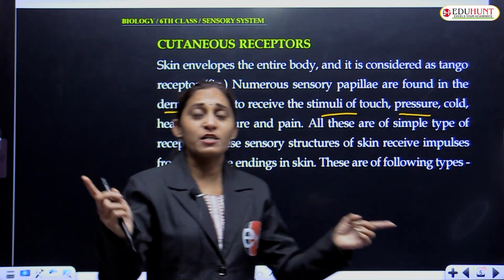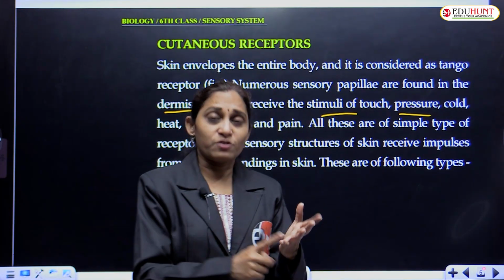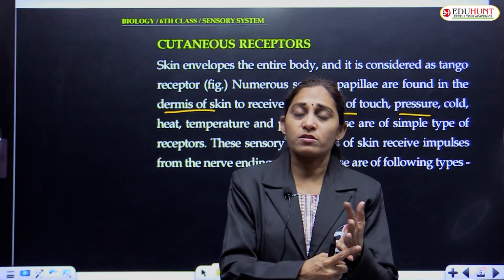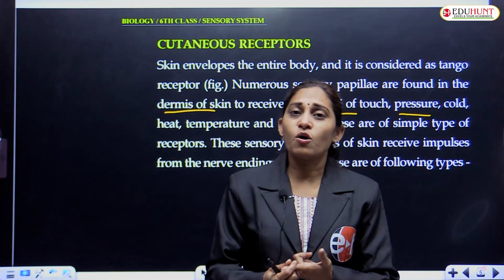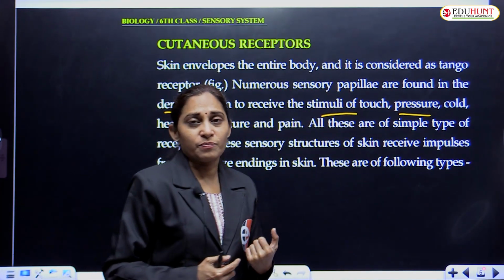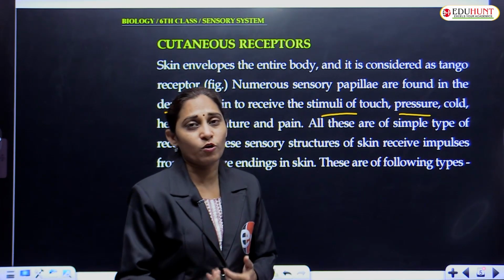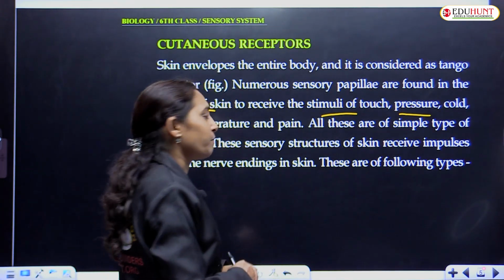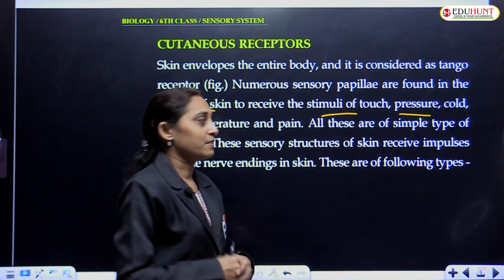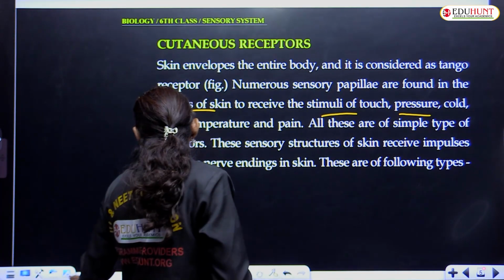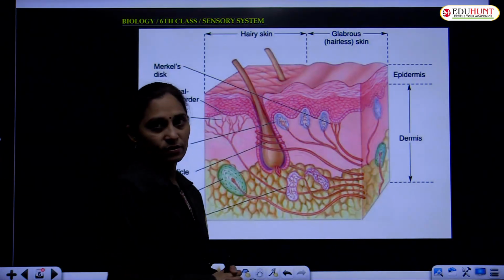The coordination must be there among all these structures: the sense organs, receptors, nervous system, and also the glandular system. There must be coordination, then only our body maintains itself.